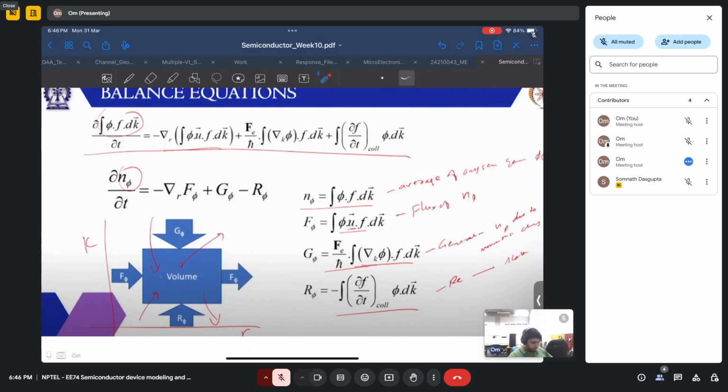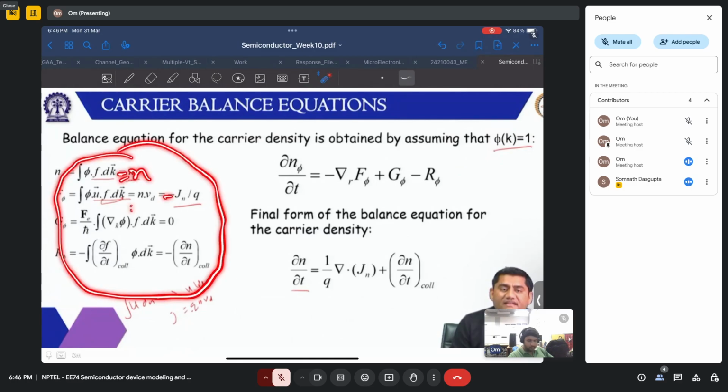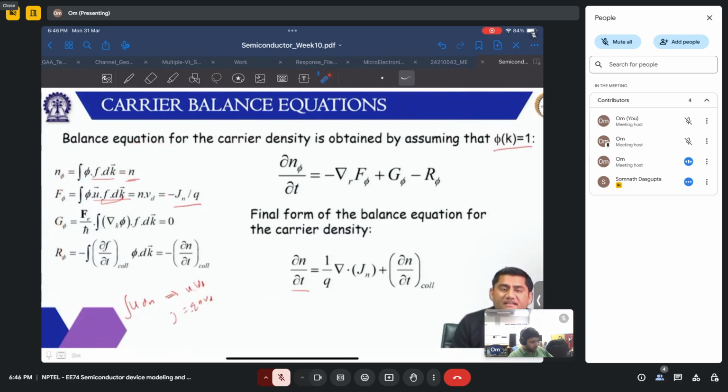If we assume phi k equals 1, all these terms simplify to give what is called the carrier density balance equation, which is very close to the continuity equation.